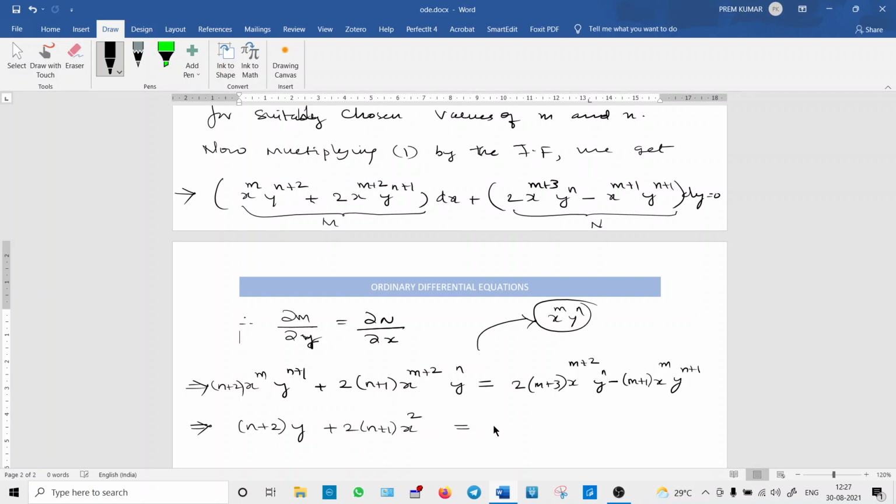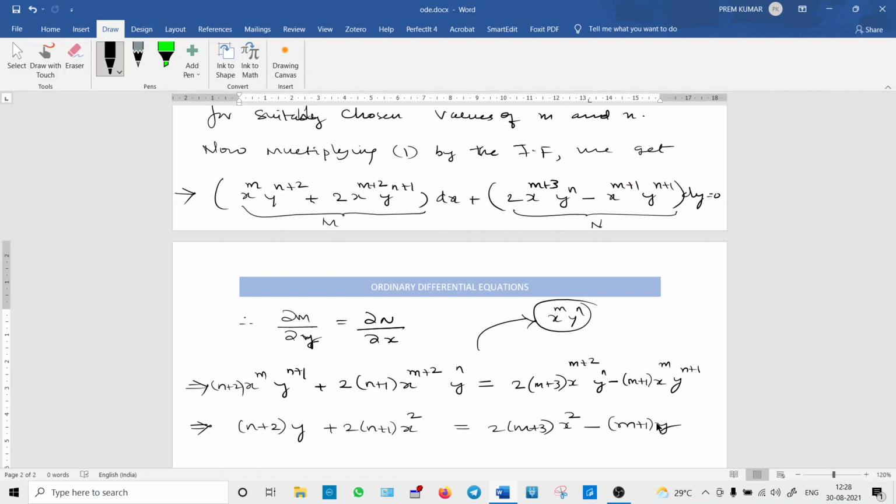So what is the right hand side? 2 into m plus, same thing you do for the right hand side also. So we get x square minus m plus 1 into y. 2, m plus 2 into y equals 2 into n plus 1 into x square equals 2 into m plus 3 into x square minus m plus 1 into y.